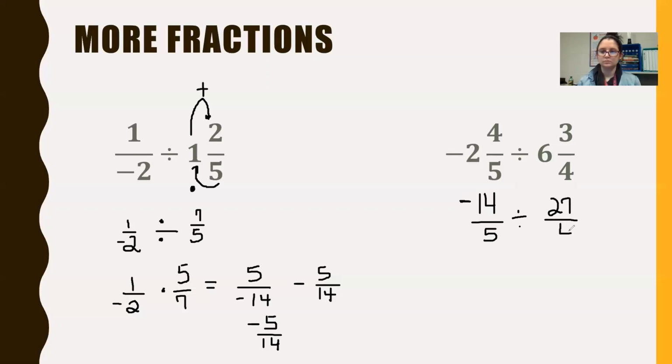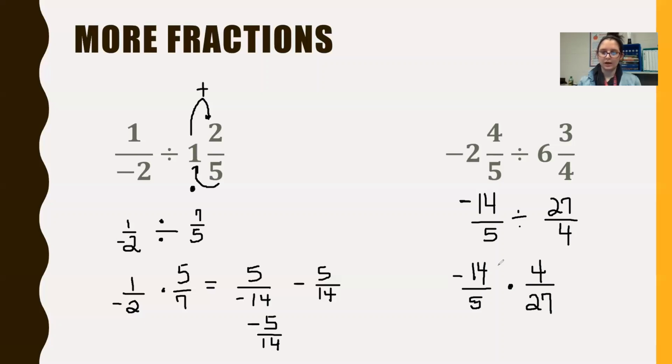over 4. Okay, now we're going to do our keep, change, flip. So keep the 14 over 5, change division into multiplication, flip the second one over. Okay, nothing simplifies out.